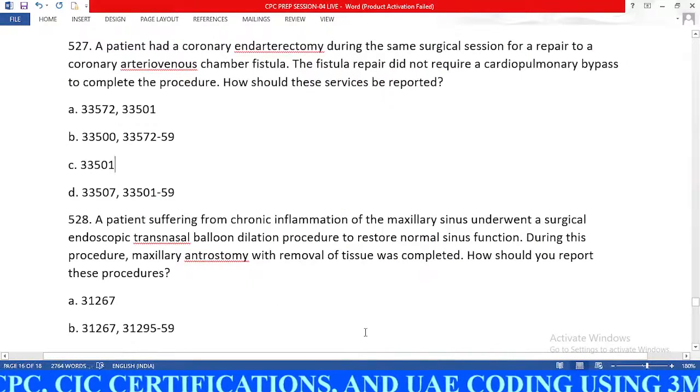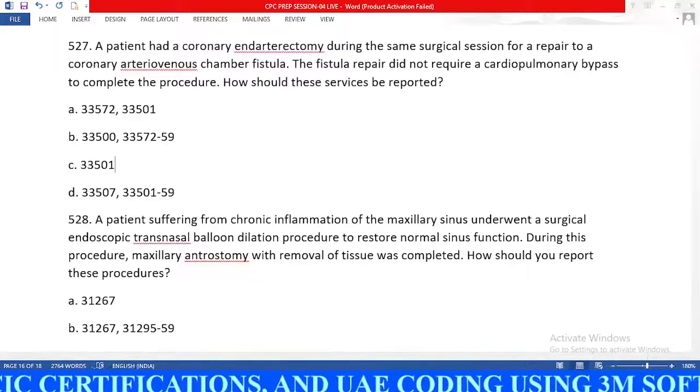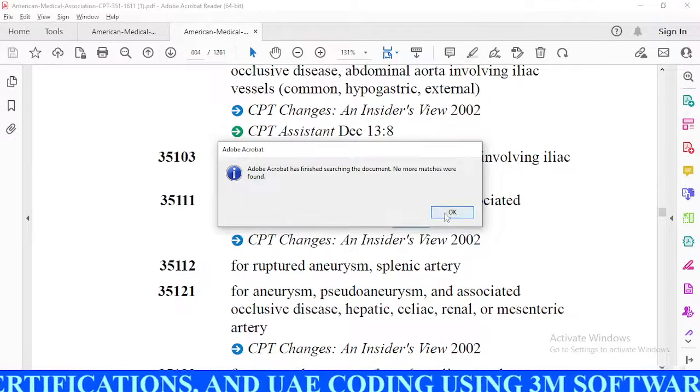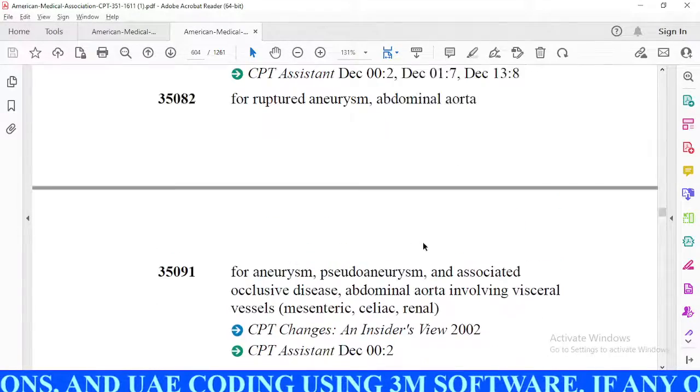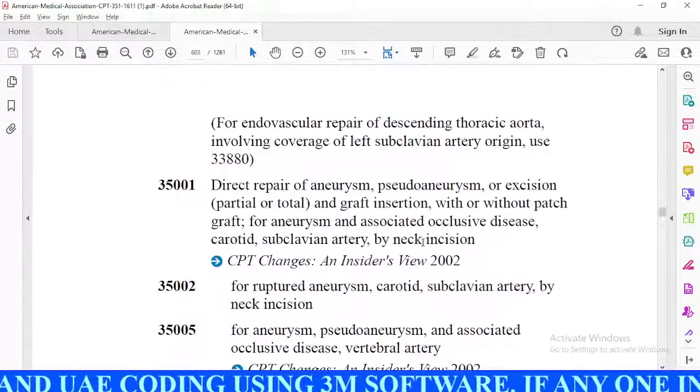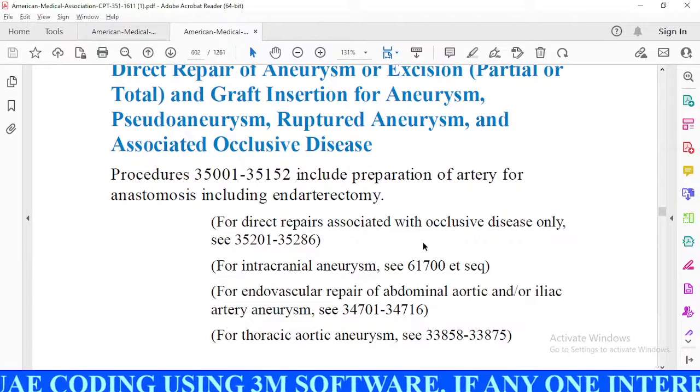So I will show you. We have one guideline mentioned here, so I am searching for that one.